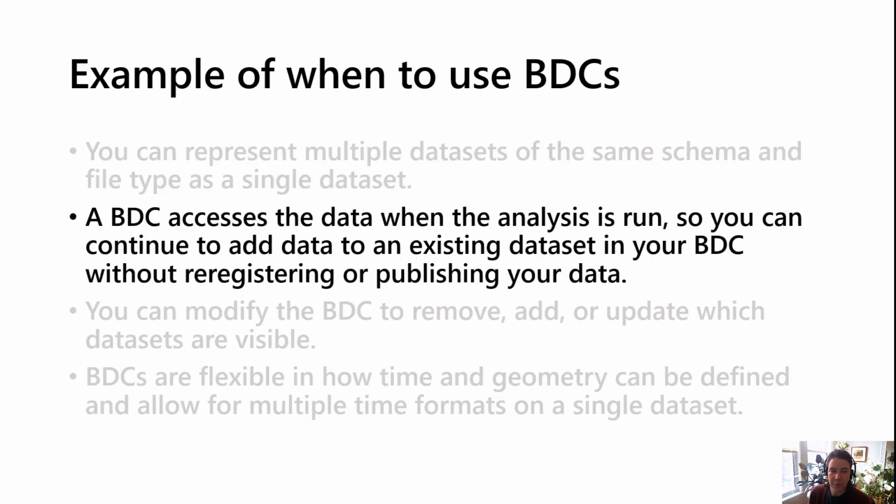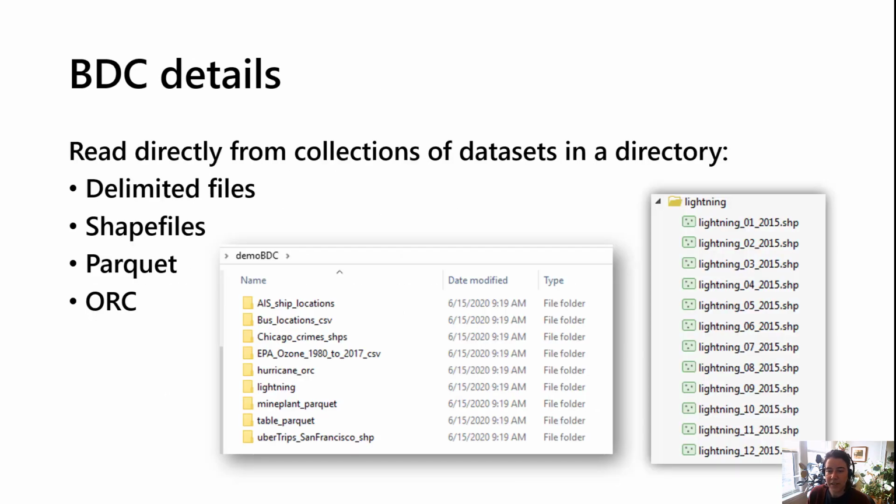So the second example is a BDC accesses the data when the analysis is run, so you can continue to add data to an existing data set in your BDC without re-registering or publishing your data. Going back to this previous example of Lightning, right now this is a bit out of date, right? It's 2015. So I've registered this, I've run analysis on it, and it used all of these data sets from 2015.